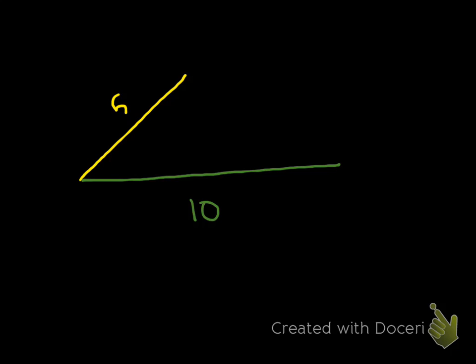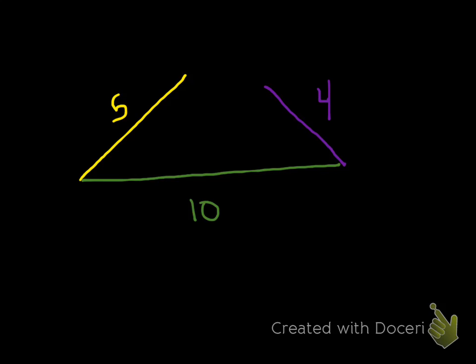So let's say I've got this line segment, and let's say it's 10. And then I'm going to draw this line segment here, which is going to be 5, and then I'm going to draw this line segment here that's going to be 4. So I want you to think about it.